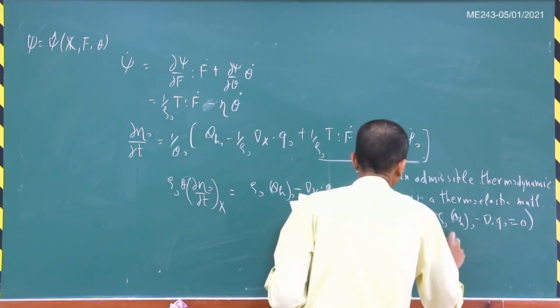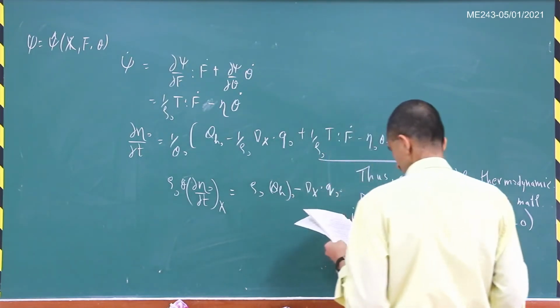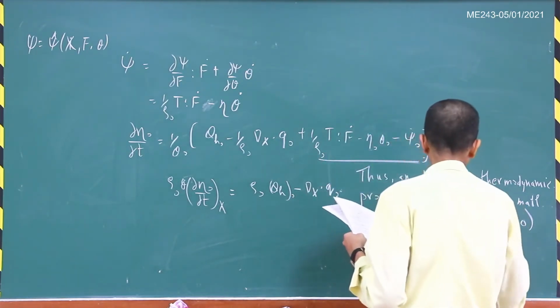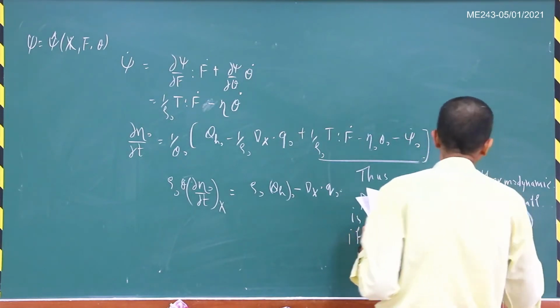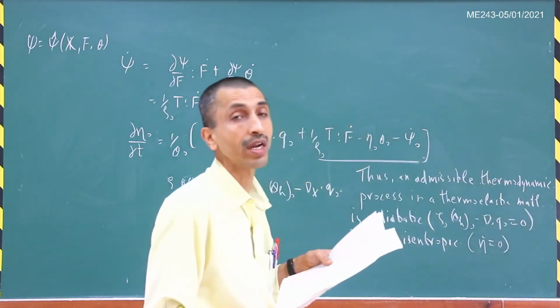As I said, basically eta dot is 0. So basically it means that there is no internal dissipation.